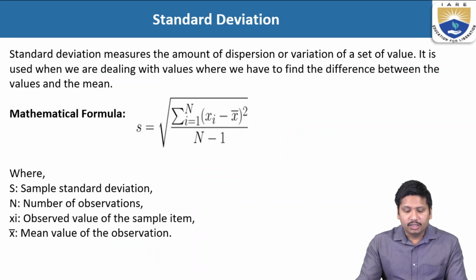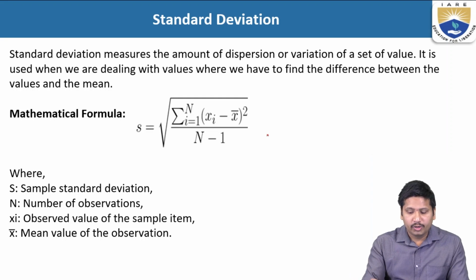And the very last one is the standard deviation. Standard deviation measures the amount of dispersion or variation of a set of values, and it is used when you're dealing with the difference between the values and the mean.